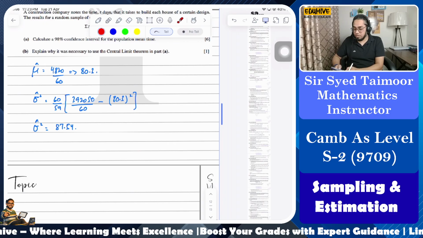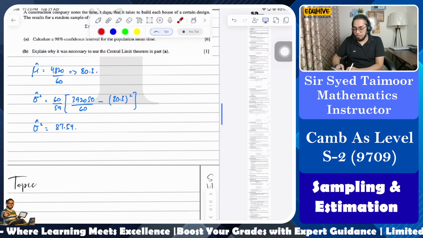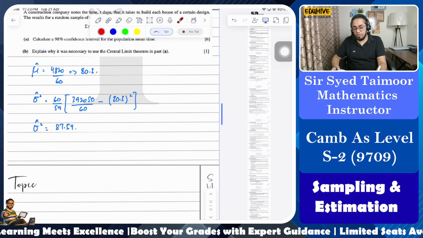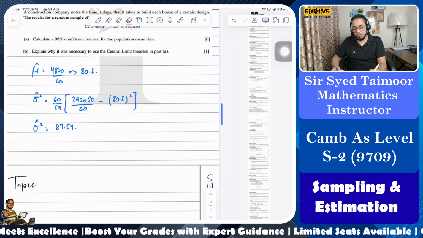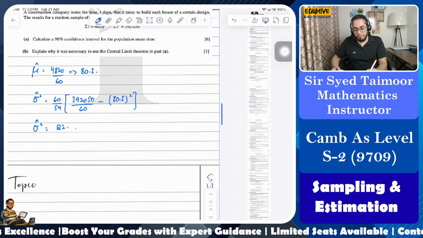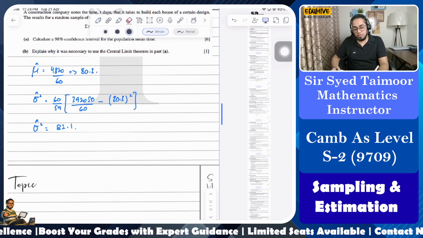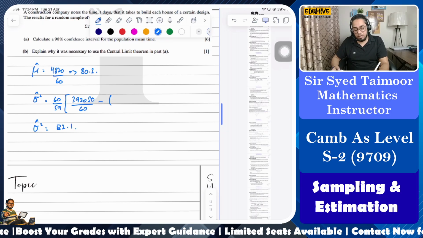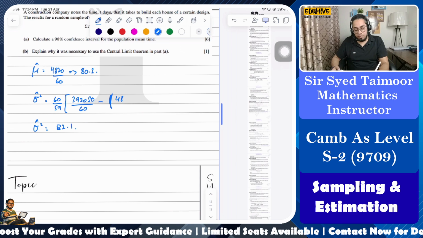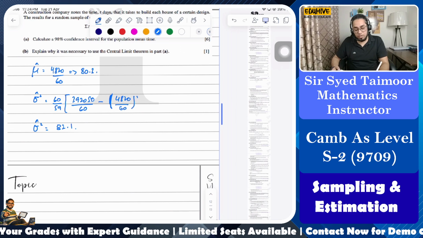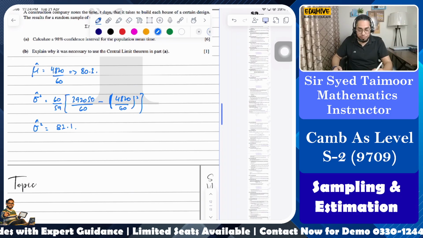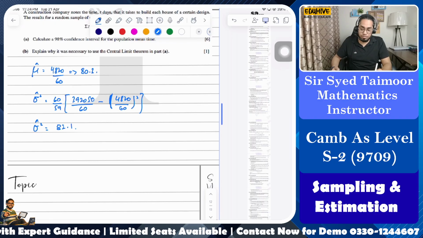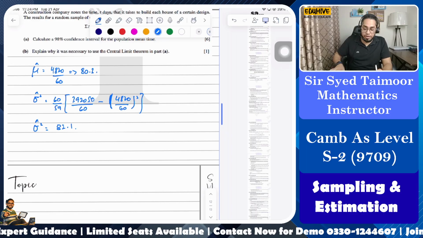So maybe, yeah, because I rounded that one. That's why 82.1. So I think we should write it here, using 4820 divided by 60 squared. That will be fine for this. 82.1. Okay, so we got the variance estimate.